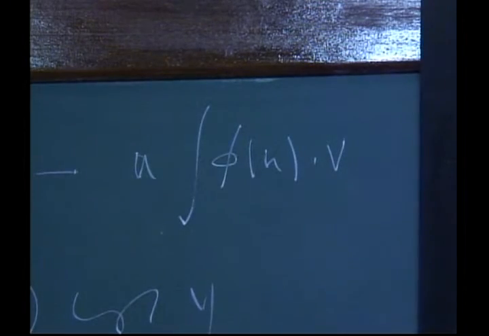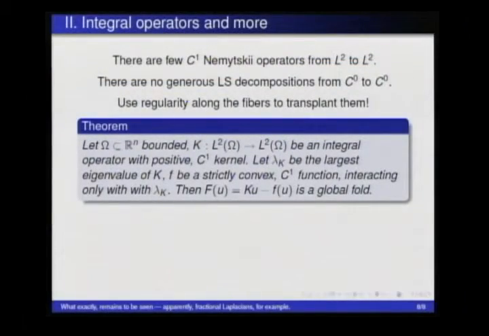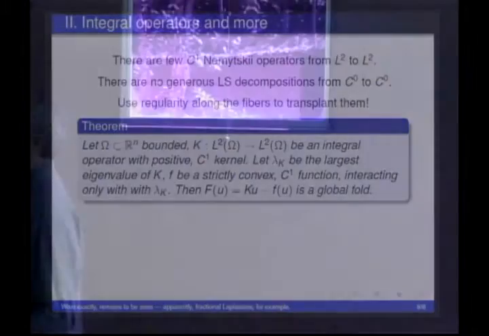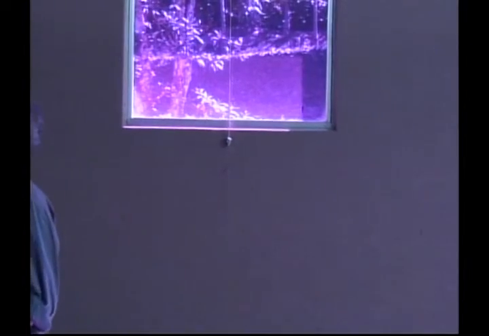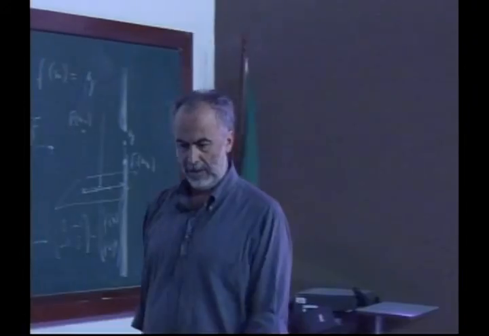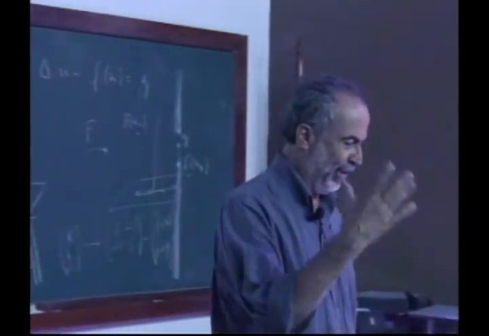You can handle positive integral operators for which, once again, you add a perturbation which now annoys, say, the top eigenvalue, okay? And you still have an Ambrosetti-Prodi type phenomenon, okay? It turns out, actually, there's a very interesting break in this business.